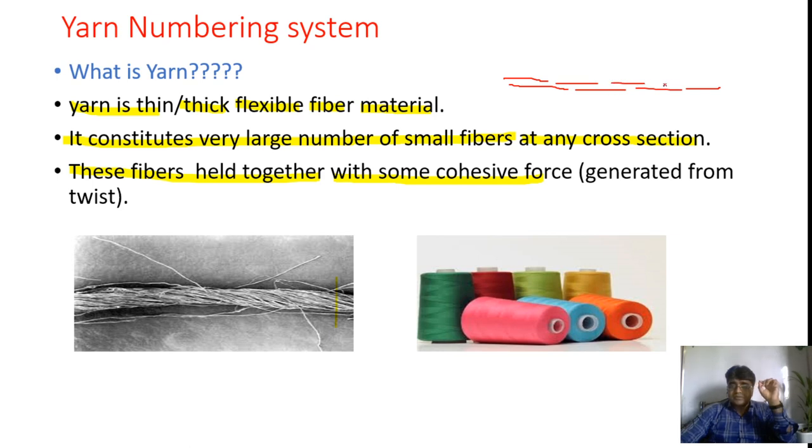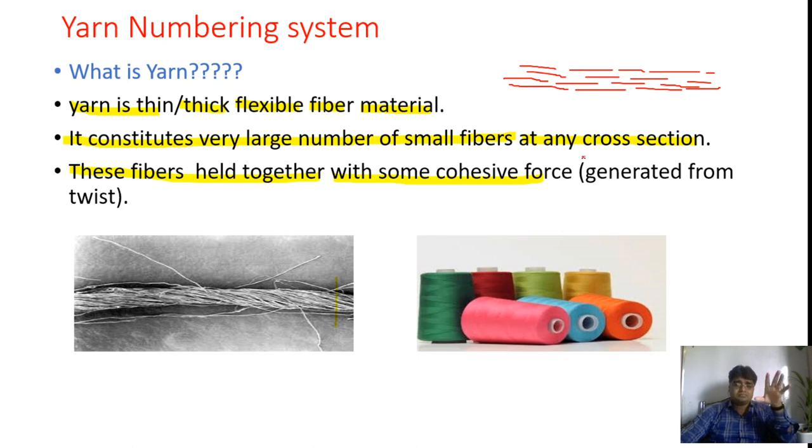Like this the construction of yarn is there, and the yarn is formed. Here so many n number of fibers are held together by means of twist. So this is yarn.